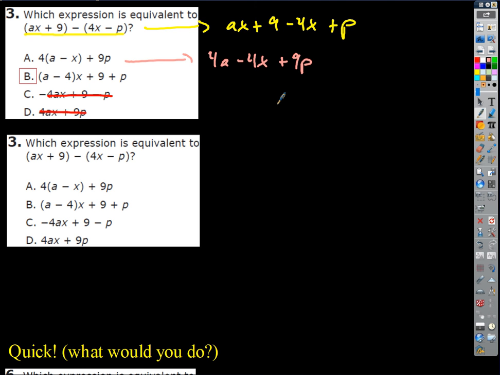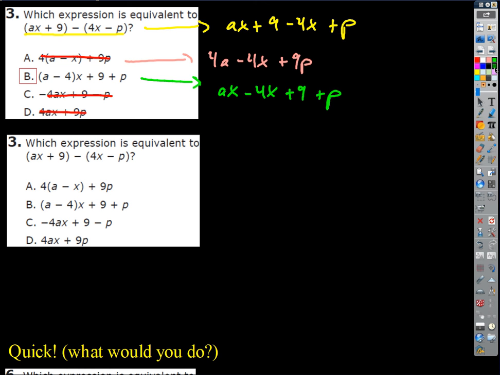Those are different, right? So that one's not it. This is the one that works, right? If I distribute the x, I just get ax minus 4x plus 9 plus p. Those are the same, aren't they? Same terms. Order doesn't matter. We're adding, right? Adding and subtracting stuff. Okay. So that's one way to do it.